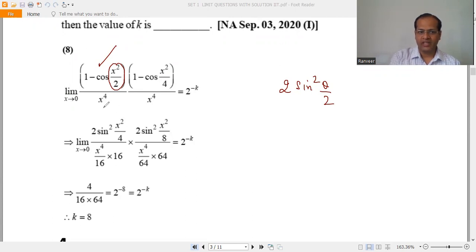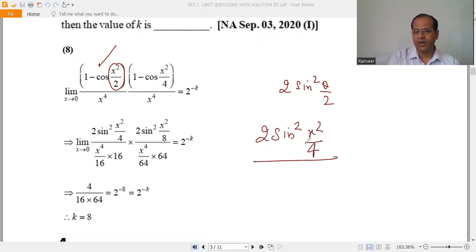Now x to the power 4 is there. So after that what do we have to do? Now if we see 2 sine square x square by 4, first of all you have to understand that this angle is nothing but the form of x to the power 4. Correct? That means we are writing x to the power 4 by 16. Just assume, because this is the square.